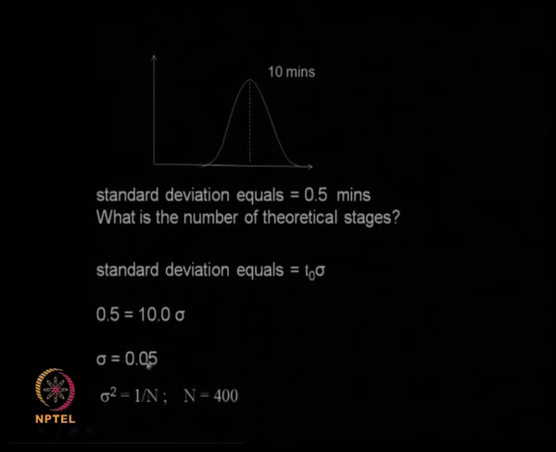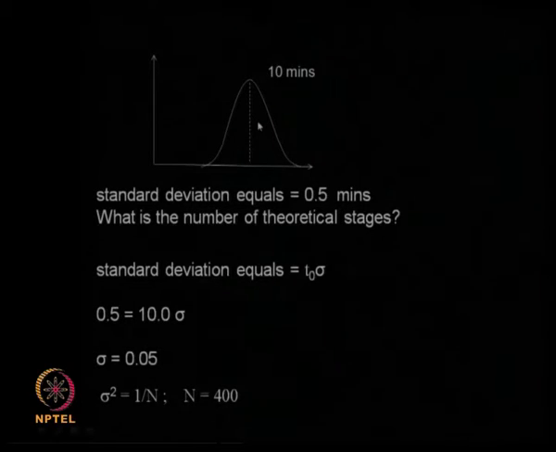So you see, if your sigma is smaller, your number of theoretical plates is larger. If sigma has to be smaller, then your standard deviation also has to be smaller. That means, if the curve is very broad, your theoretical plates are very small. If the curve is very sharp, your standard deviation is low, then sigma is low, then the number of theoretical plates will be large.